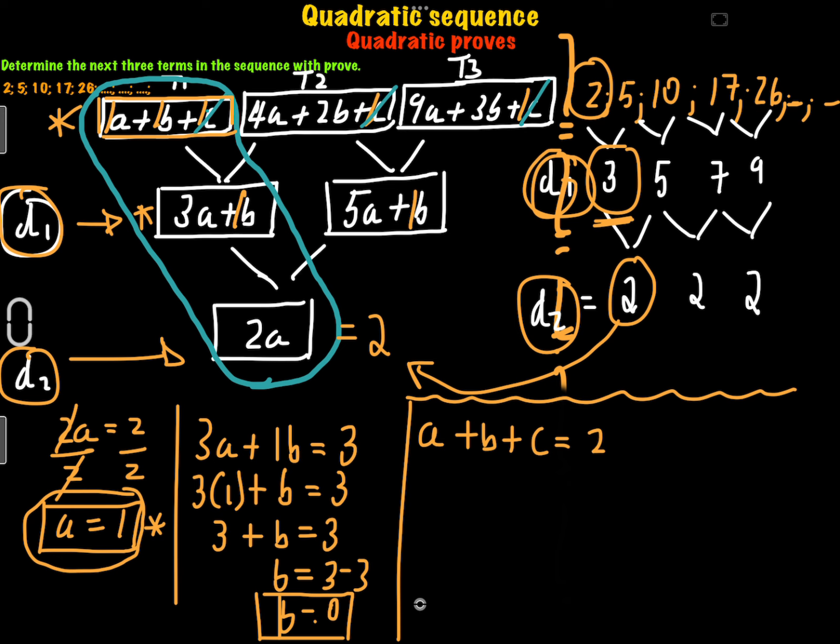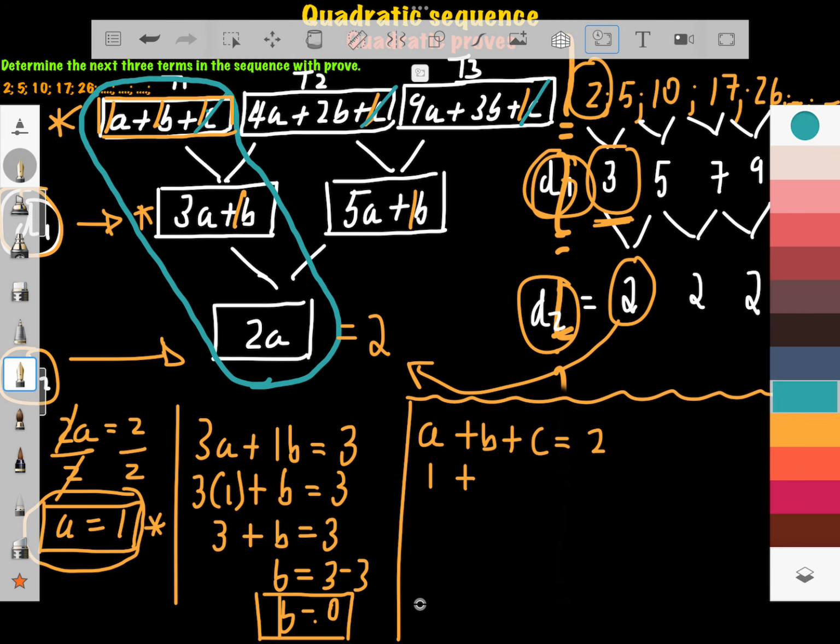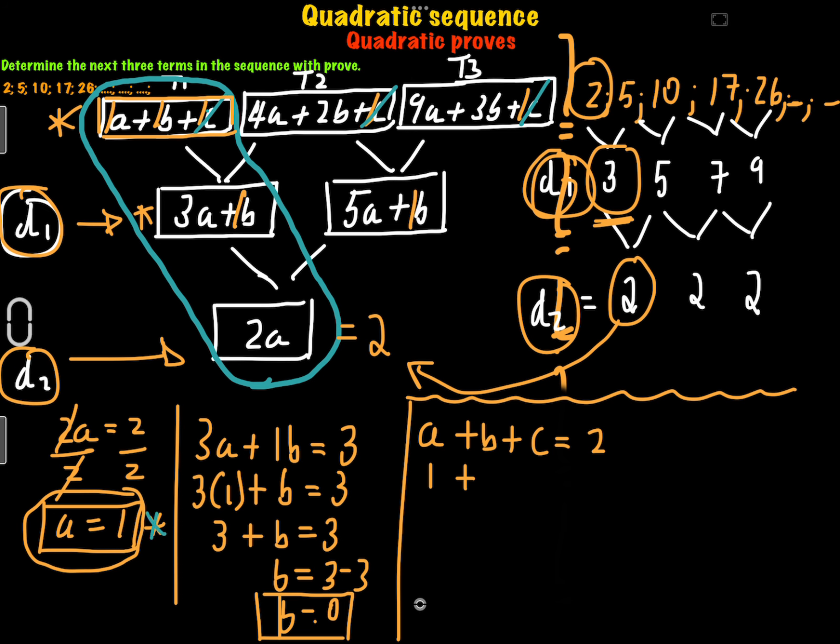So that is equal to 2. We found a to be 1, and b, we found to be 0.